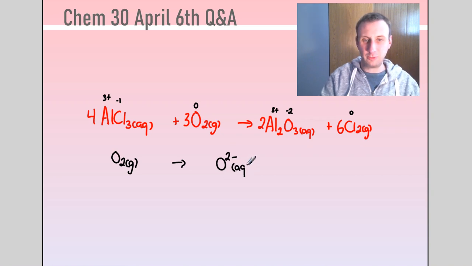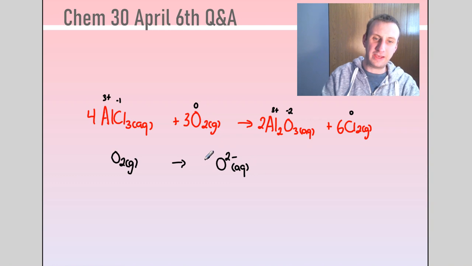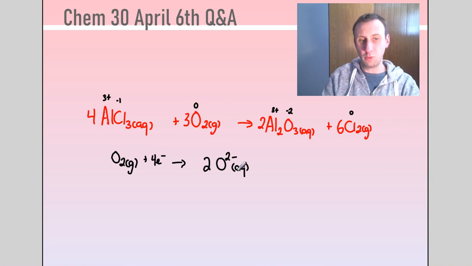O2 minus aqueous is what I've got, and then I need to have 2 of them by putting a 2 right there, and then I need 4 electrons on the left to make that work, right? So that would be my reduction half reaction: O2 gas plus 4 electrons makes 2 O2 minus. This 2 I put in afterwards in order to balance out the 2 O's in the reactants.